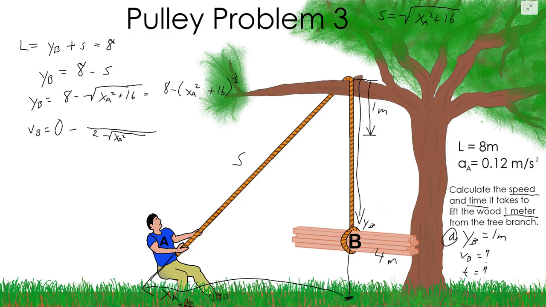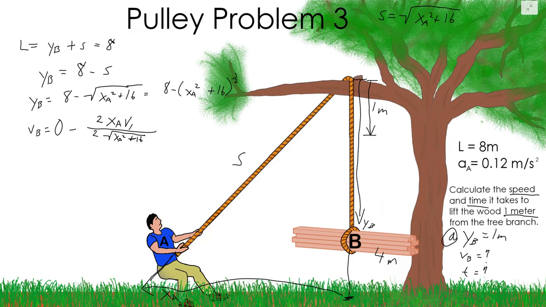XA squared plus 16. And then the numerator is going to have the chain rule to it all, and we still have the negative sign on the outside. So there's going to be 2XA, because the power comes out, just like we did with the 1/2.